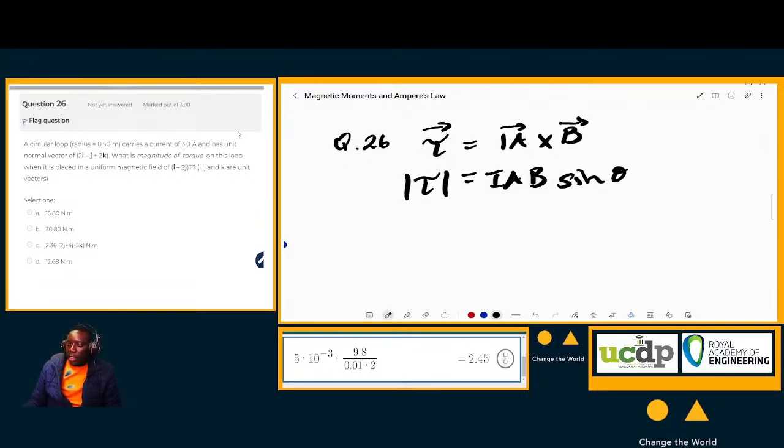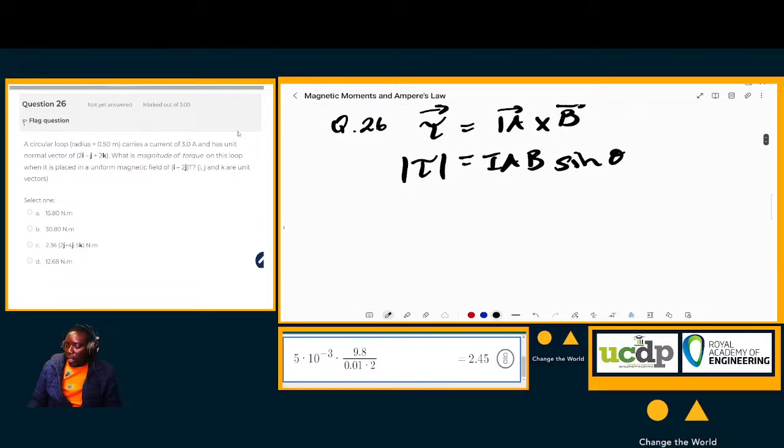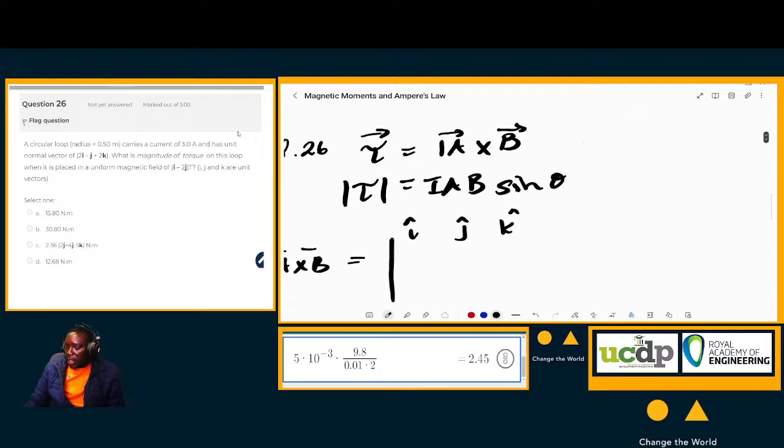So in this case, to get the magnitude of the torque, we don't know what theta is, so to avoid this route, we just take the cross product, IA cross B. The first step is I times A. I is given to be 3 amps.